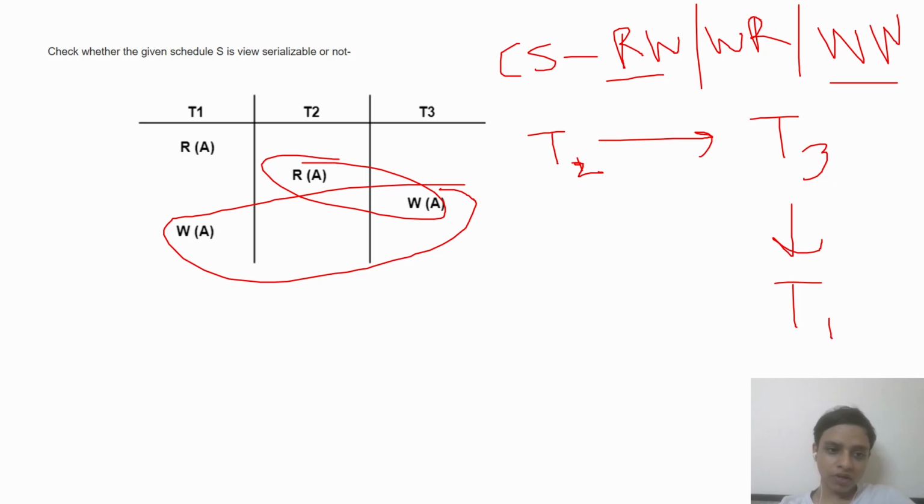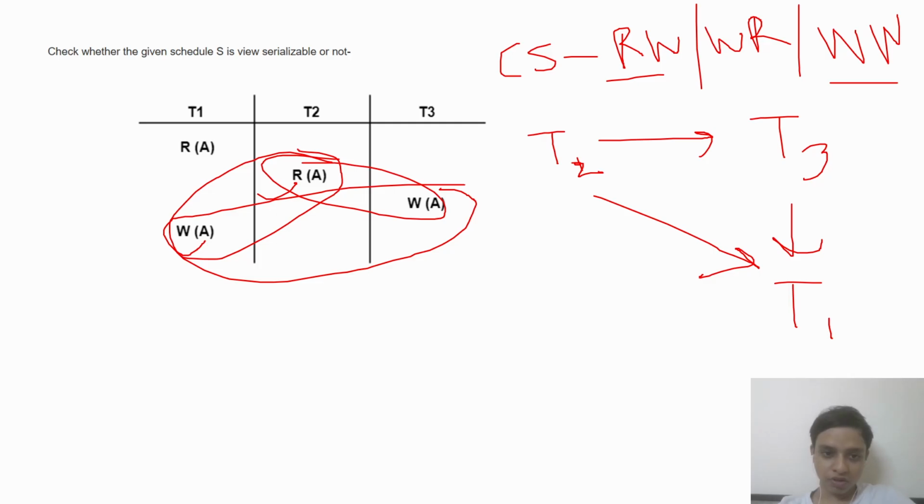Do we have one more conflict? Yeah, we have one more conflict, which is T2 to T1, because T2 reads A first, then T1 writes. So T2 to T1, there is a conflict. And do we have more conflicts?